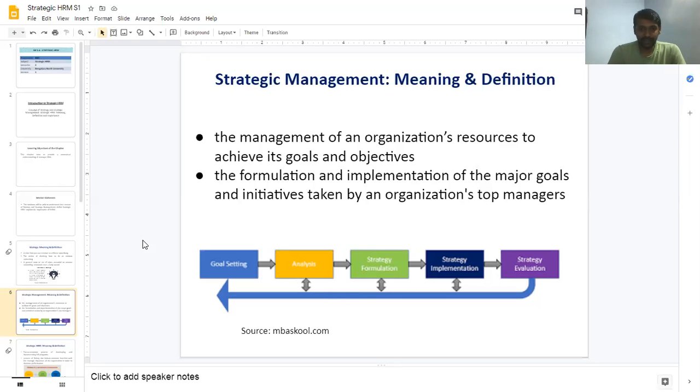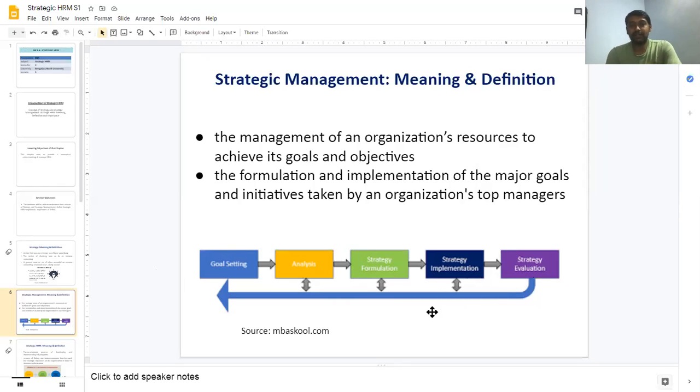In this particular animation, we can see it starts with setting a goal, followed by analyzing this particular goal, how we can achieve it. Then we will formulate a strategy. So the set goals will be analyzed and formulated, and it will be implemented. Then it will be evaluated.